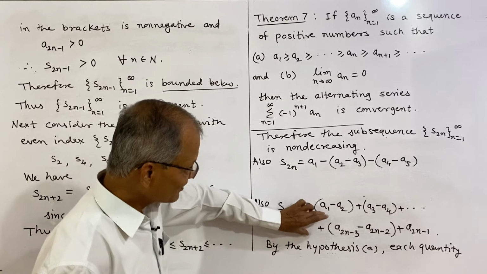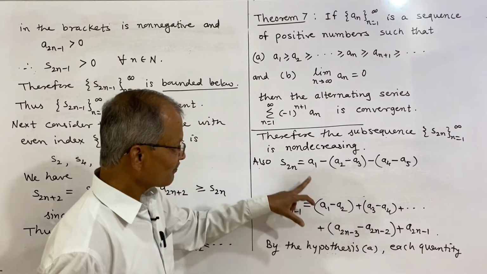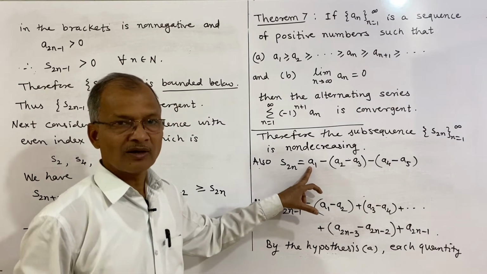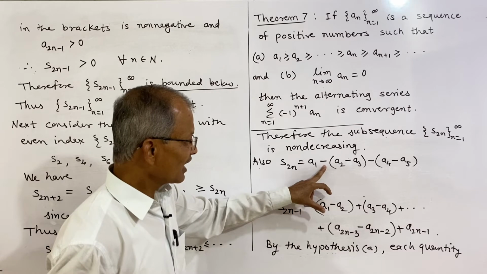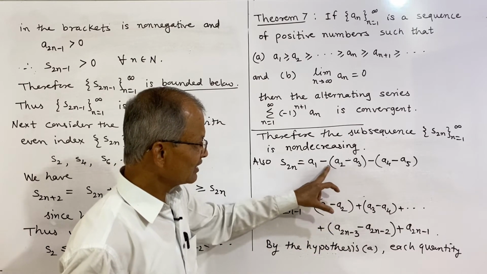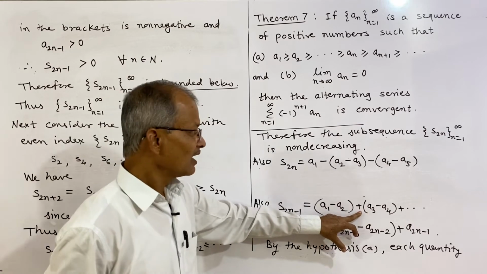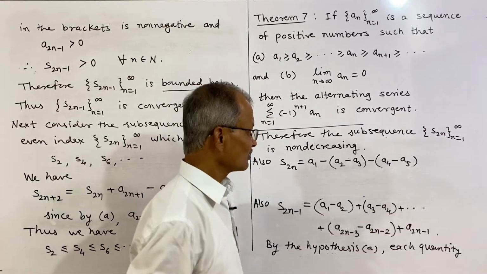See, the same expression we are writing like this: a1 minus a2 plus a3 minus a4. Here we have written a1 first as separate, and then we are using brackets, minus a2. See, it is minus a2, and a3 is positive, plus a3, minus a4, and a5 will be positive, and so on.